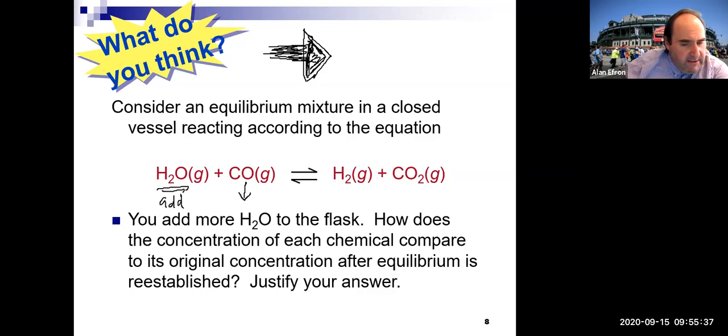So if that forward reaction happens, that means we do need to use up some of the CO to make our products. And we would also pretty safely assume that the concentration of the H2 should go up, and the concentration of the CO2 should also go up, again, because we're kicking off that forward reaction taking place.